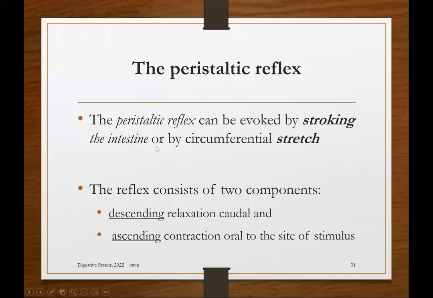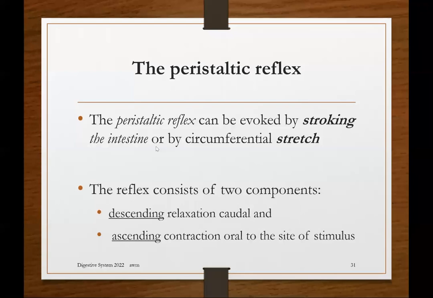Now, the peristaltic reflex can be evoked by stroking the intestine or even by circumferential stretch. Circumferential stretch is what happens when you get accumulation of luminal contents, because you're distending, increasing the circumference. But stroking the intestine can happen, for example, if you're doing surgery of the abdomen.